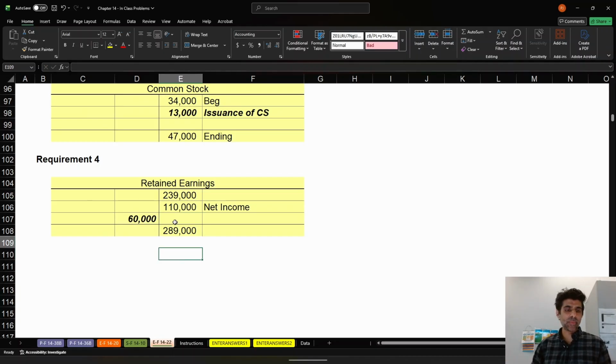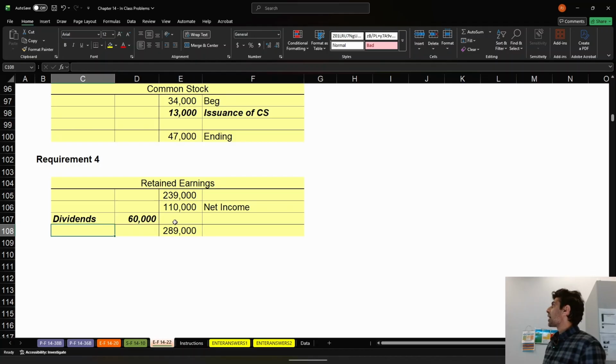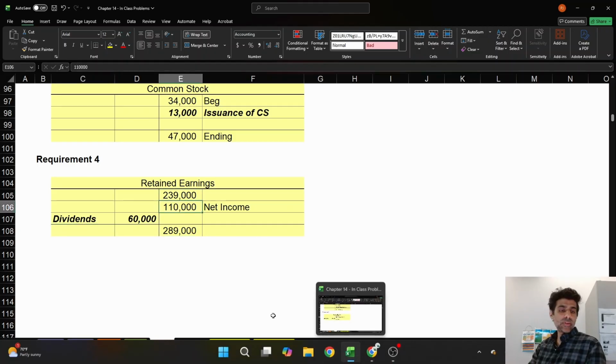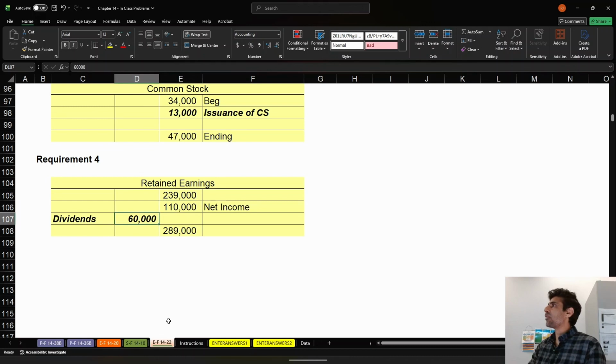Okay, so what is this debit? Where is it coming from? Dividends, exactly. That's why I gave you the hint, the statement of retained earnings. Starting balance plus net income minus dividends equals ending balance. We had starting balance, ending balance, and net income, and we just used those three to solve for that missing variable, which is dividends.